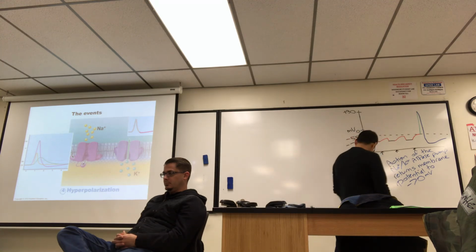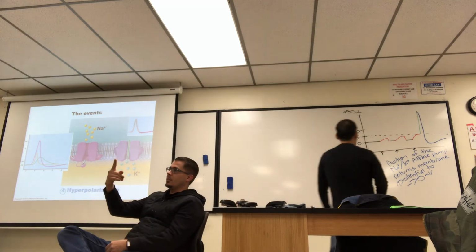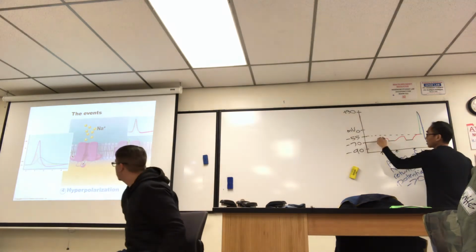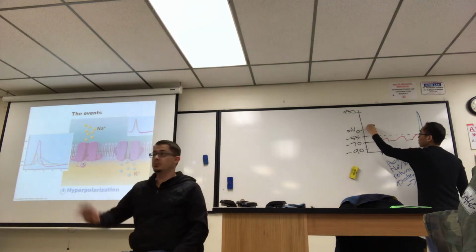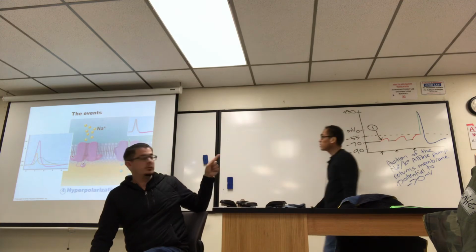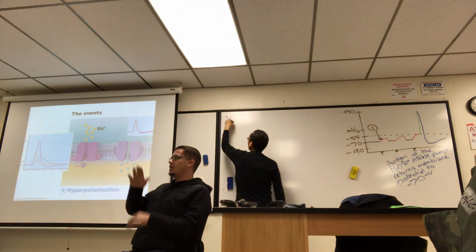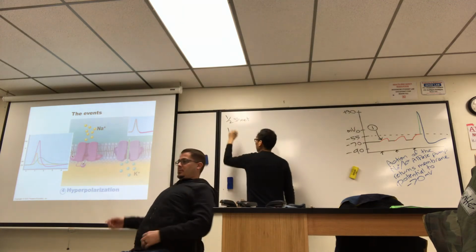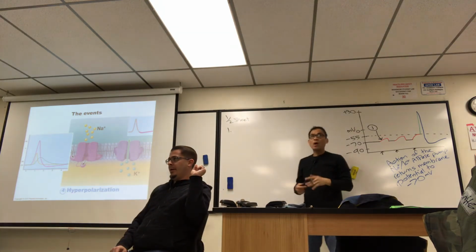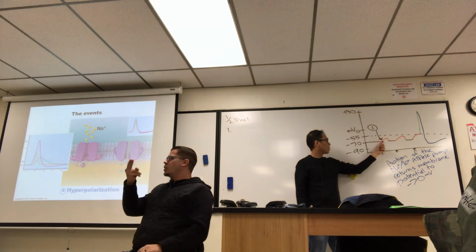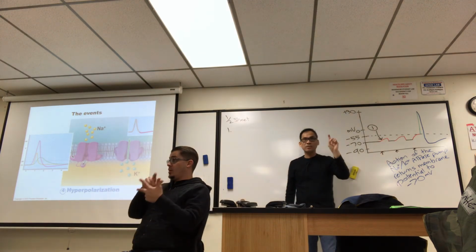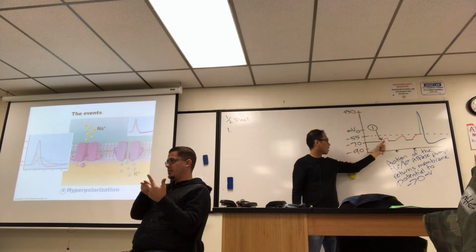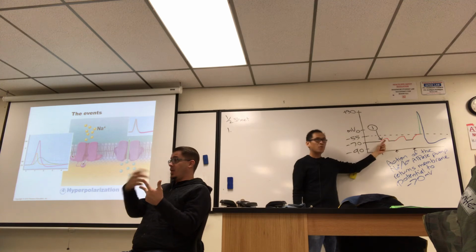Let's do some half sheet questions. I want to point to this red thing on your half sheet. Where I point at number 1, what kind of channel causes, there's 3 channels. There's the leak, there's the ligand, there's the voltage gating. Those 3. Which kind of channel caused that red thing?